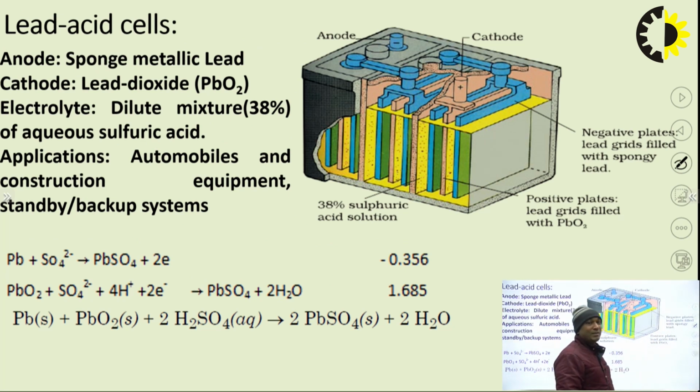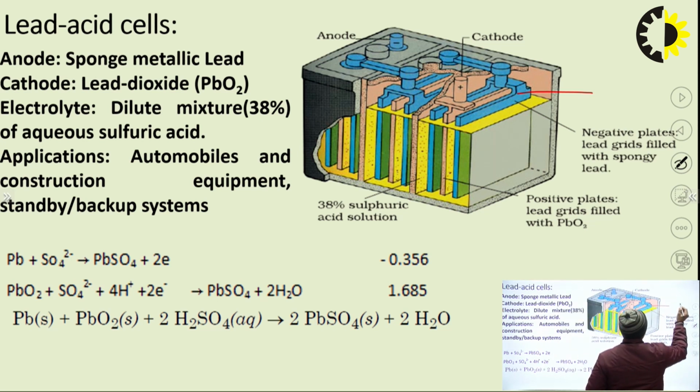This lead acid battery is basically a combination of two electrodes, anode and cathode, submerged in electrolyte. Here, the blue color representation is the anodic part, which is made of spongy lead.